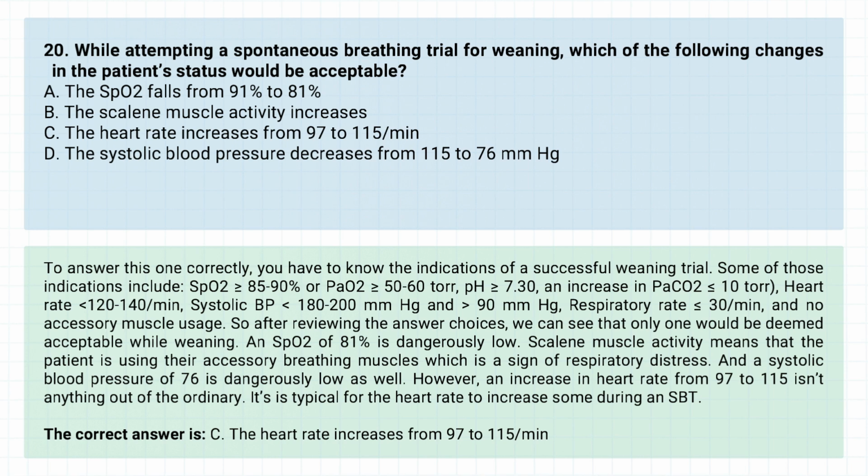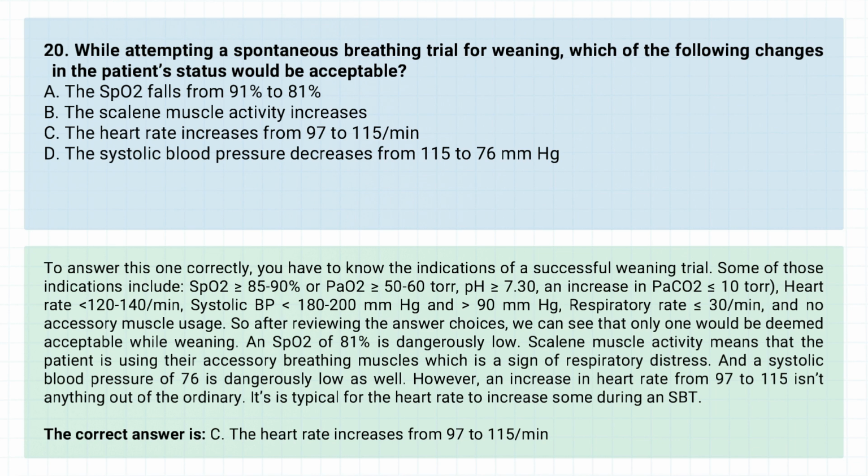So, after reviewing the answer choices, we can see that only one would be deemed acceptable while weaning. An SpO₂ of 81% is dangerously low. Scalene muscle activity means that the patient is using their accessory breathing muscles, which is a sign of respiratory distress. And a systolic blood pressure of 76 is dangerously low as well.